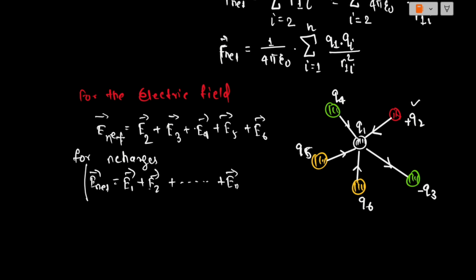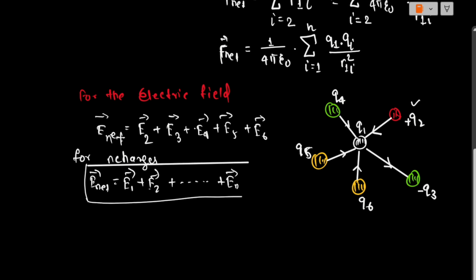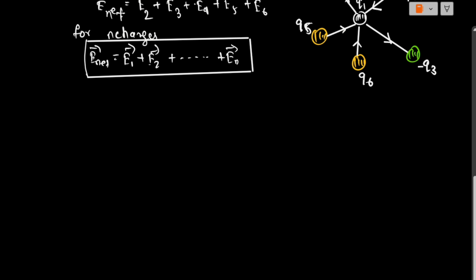This is the formula for the total electric field when it is surrounded by many charges. And we can also write it in the form of a summation, so sigma. The net electric field would be equal to sigma Ei.